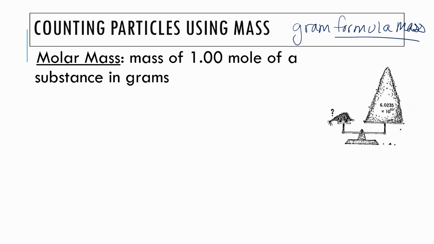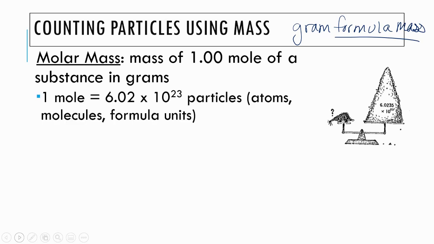But our definition of molar mass is the mass of exactly 1 mole of any substance in grams. So remember, 1 mole is 6.02 times 10 to the 23rd particles. We have different variations of particles depending on the type of compound or substance: atoms for elements, molecules for covalent compounds, and formula units for ionic compounds.